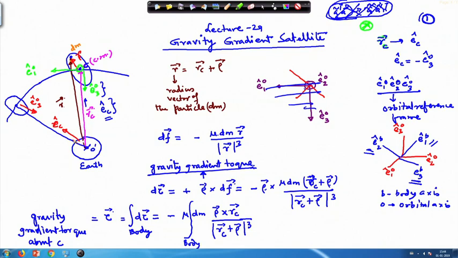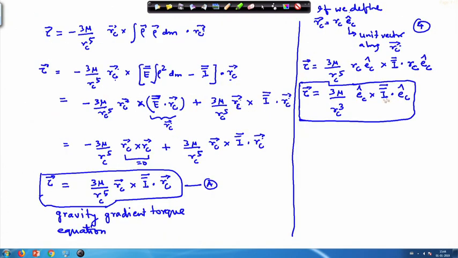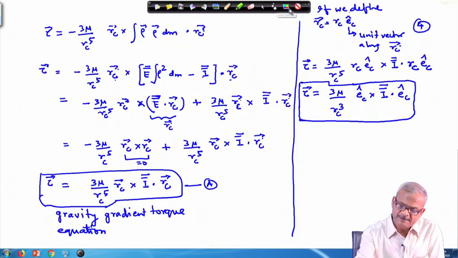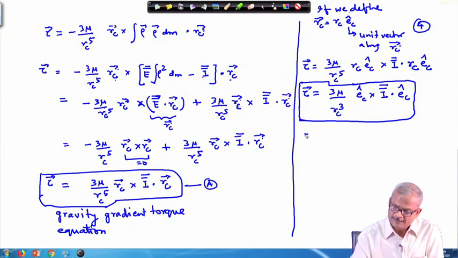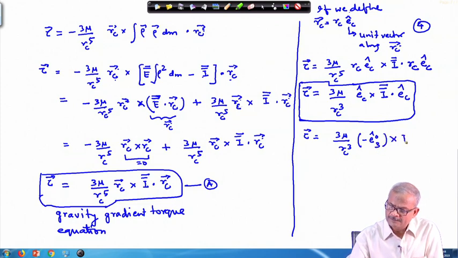So, if you are writing the whole thing here in terms of E c, it is convenient to express this as 3 mu by R c cube, and instead of this we can have minus E cap O3 cross, and the minus sign cancels out.